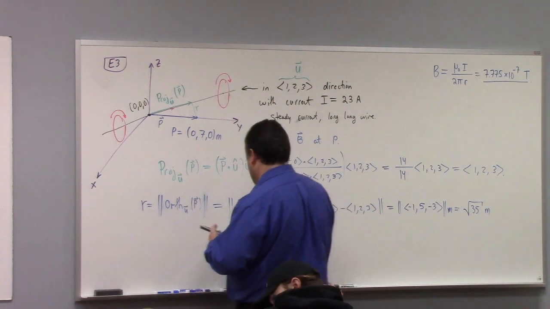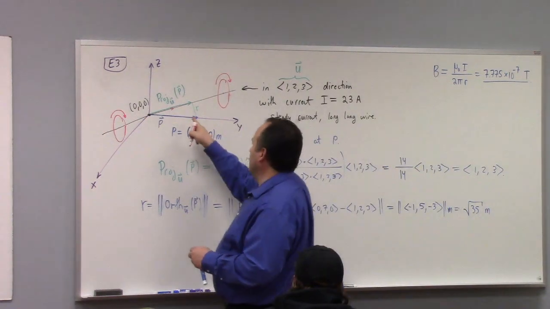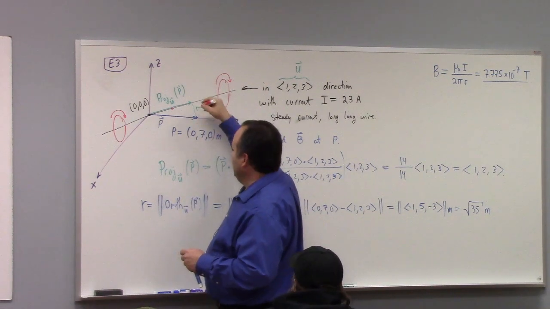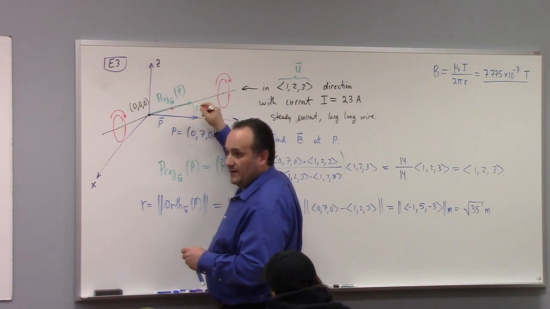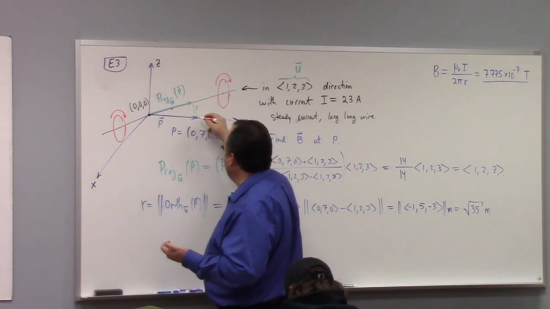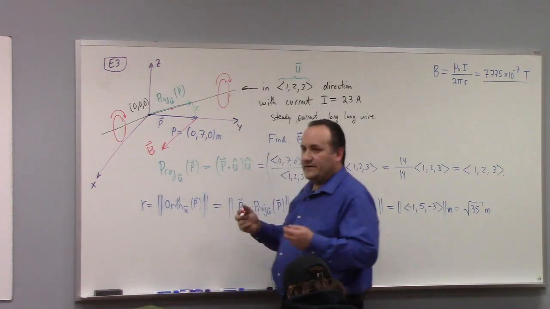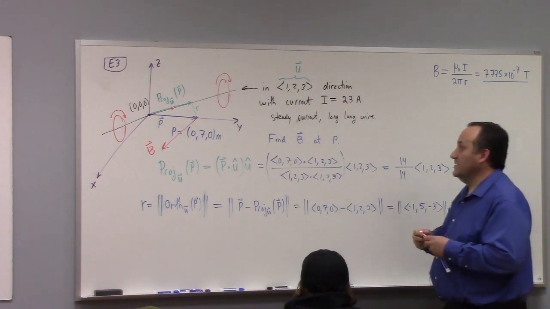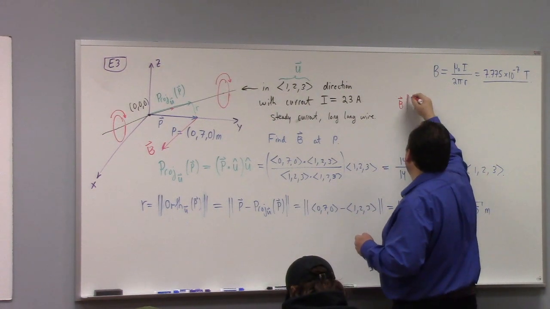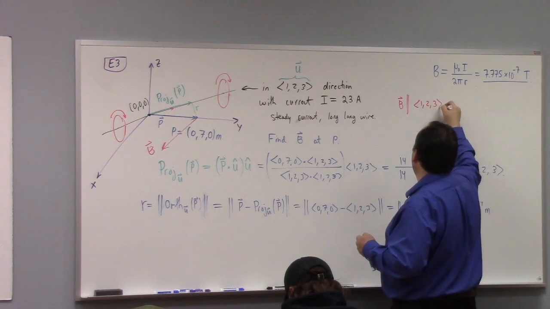So the magnetic field at this point P has to be perpendicular to what? This vector, and also the direction vector of the line, which I'm going to graph like this, which is just my made up picture for it. I can figure it out because B has to be parallel to the cross product of 1, 2, 3 and what?